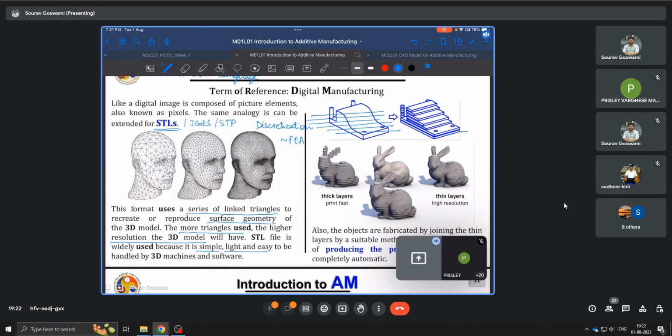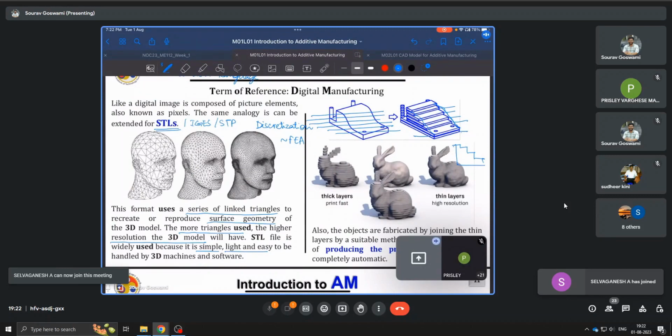So maybe this is layer 1, layer 2, 3, 4, 5, 6. Notice that you are missing some material in here. This was supposed to be a curve, but rather here it's more like a staircase. These are the sources of errors in AM. This is called the stair stepping effect or the staircase effect.